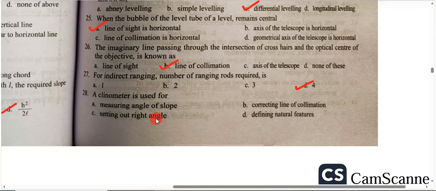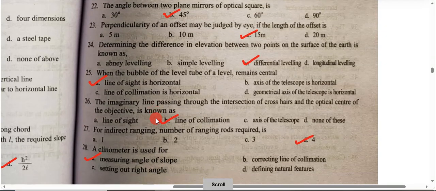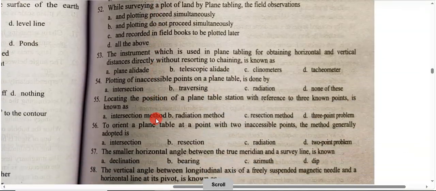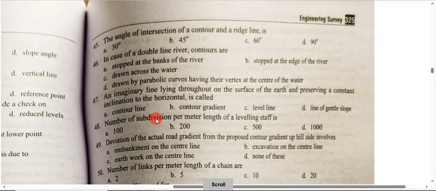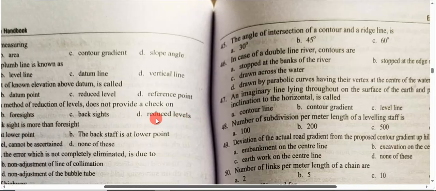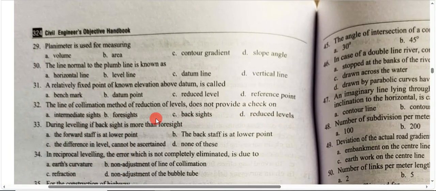A clinometer is used for measuring angle of slope. Planimeter is used for measuring area. The line normal to the plumb line is known as the level line.